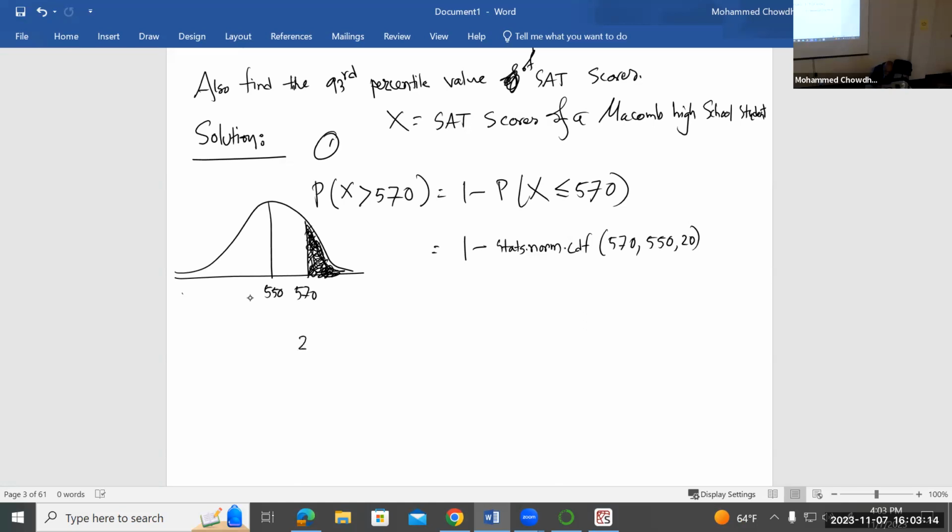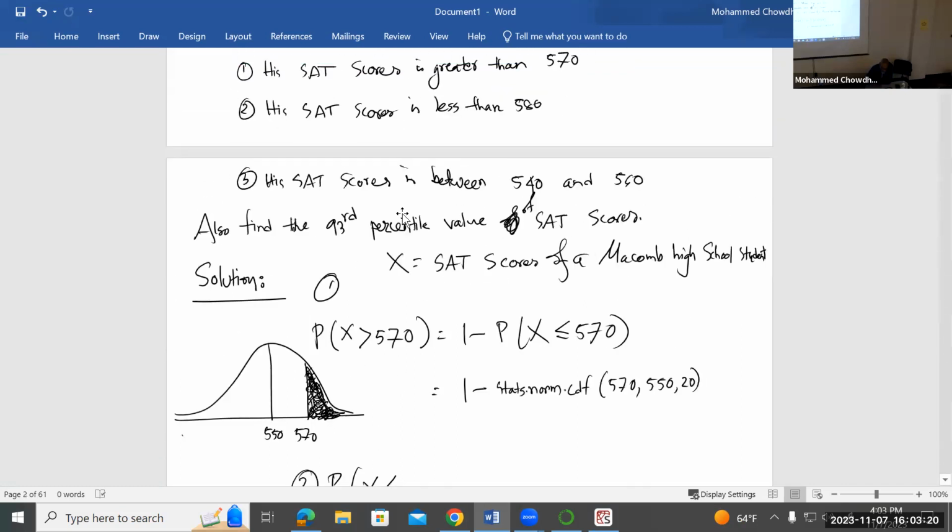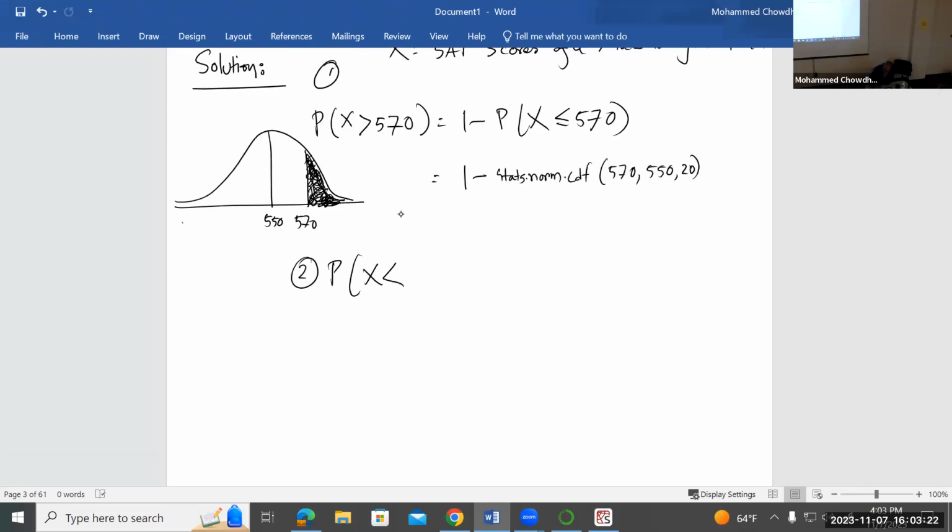Now, number 2, I want to find the probability of X less than 580. So I will write just stats.norm.cdf.